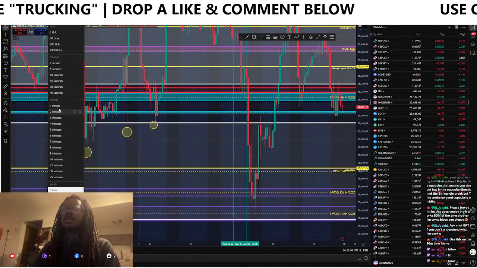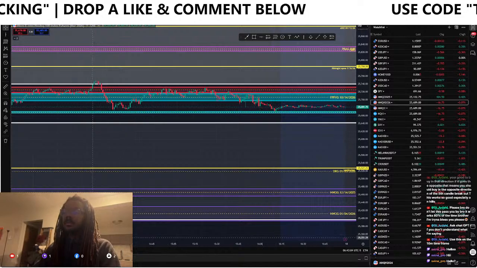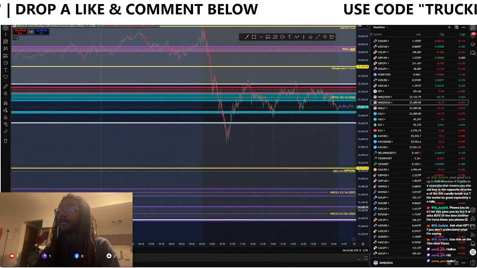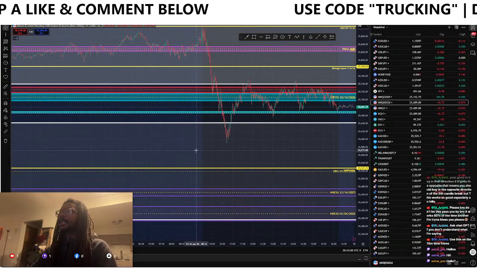Now, if we go into the 1 minute time frame, that is where we can see what would have been the potential trade idea for Wednesday.